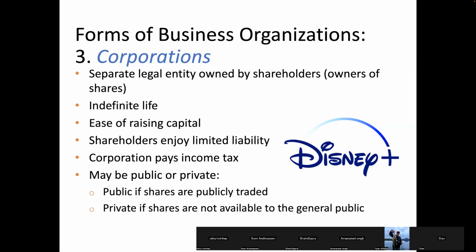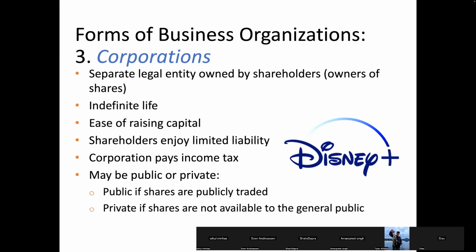So as long as they're doing good business, this corporation will carry on forever, indefinitely. It's also easier to raise money. If you're a corporation, you issue stocks in the stock market, and then you raise the money for the corporation to expand.